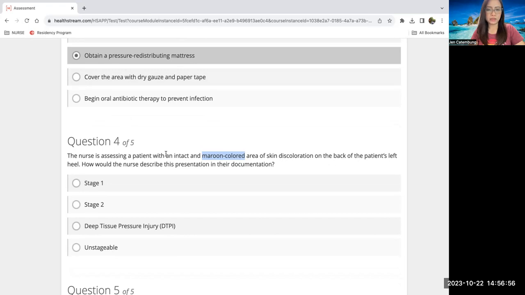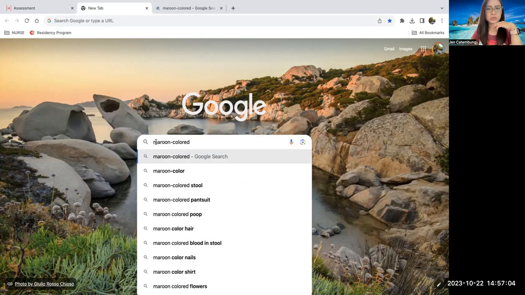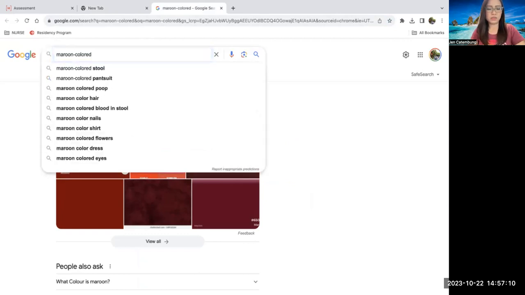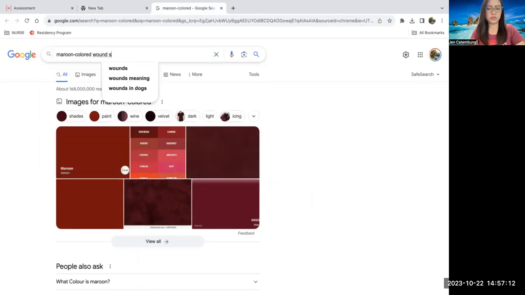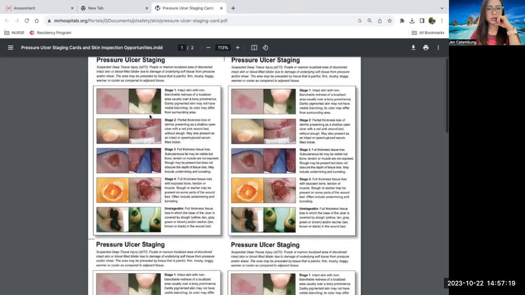Intact, maroon color. Deep tissue pressure injury. Maroon-colored wound, pressure ulcer. Yes. Stage 1?